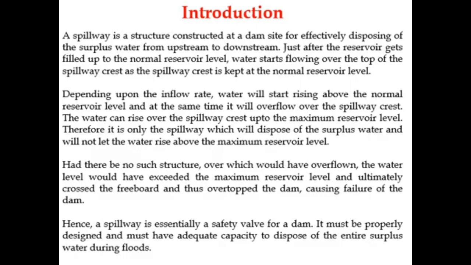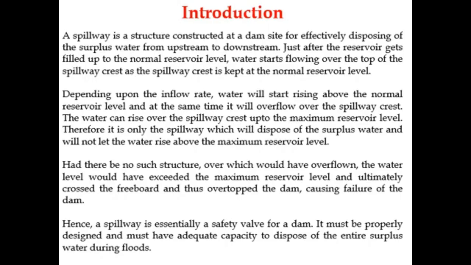As you know, a spillway is a structure which is constructed at a dam site to dispose of the surplus flood or surplus water from the upstream to the downstream side. The top of the crest is kept at the normal reservoir level. What is normal reservoir level?